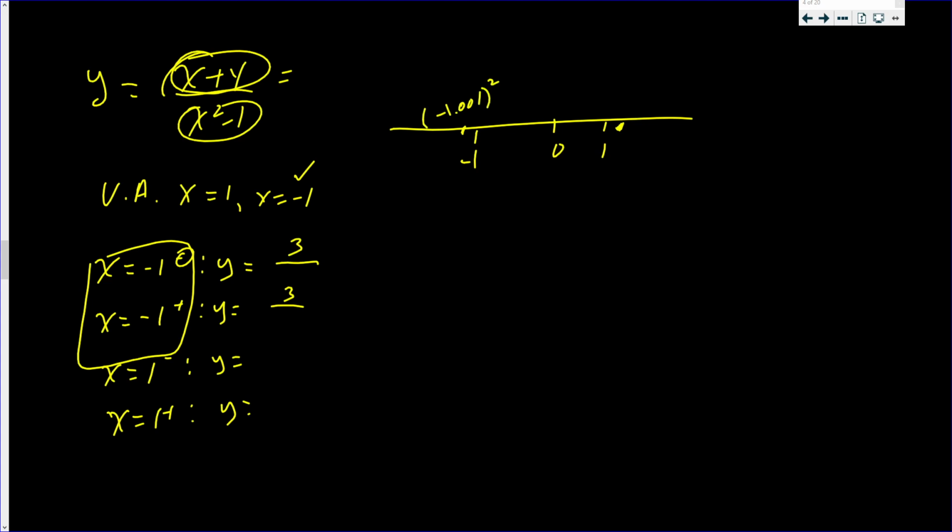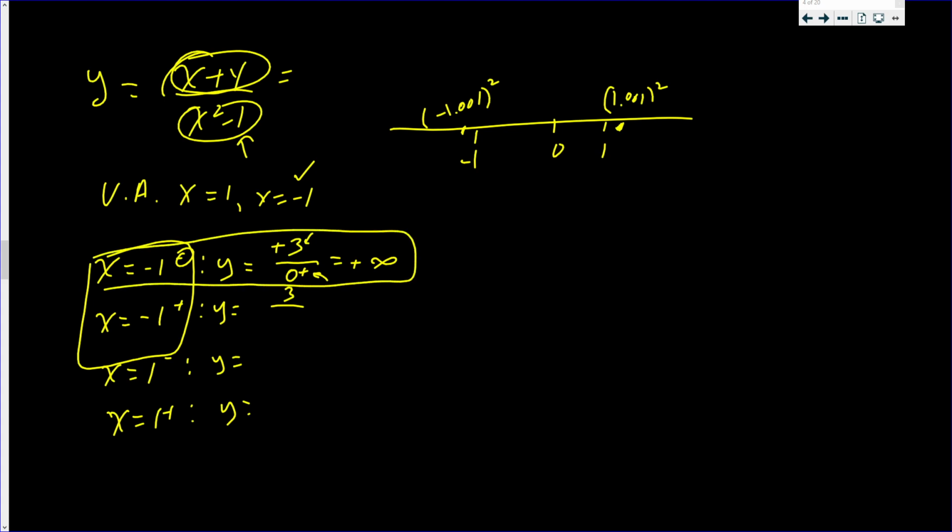When you square that, it's the same as squaring this. You're going to get a little bit more than 1. And then when you take away 1, you're going to be positive. And a non-zero number divided by close to 0 is infinity. The top number is positive, the bottom number is positive, positive infinity.